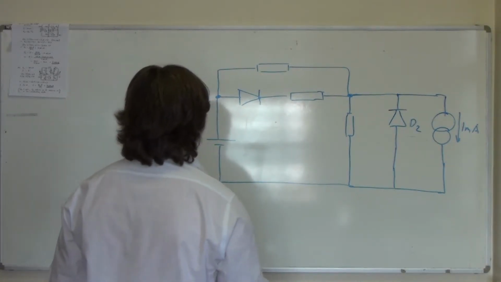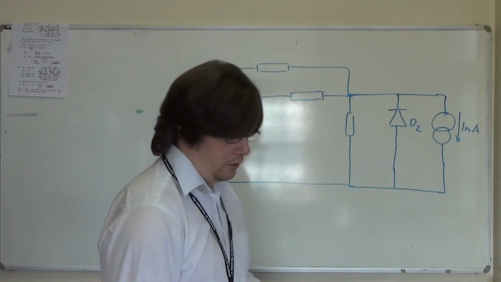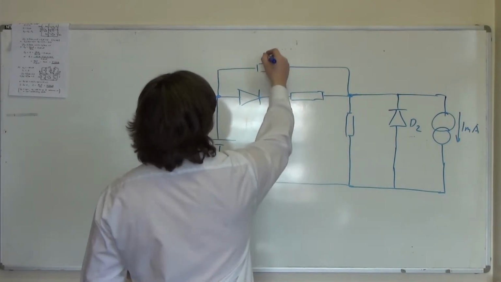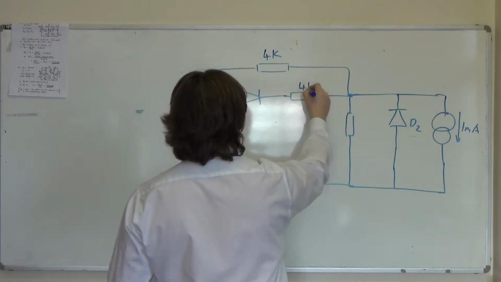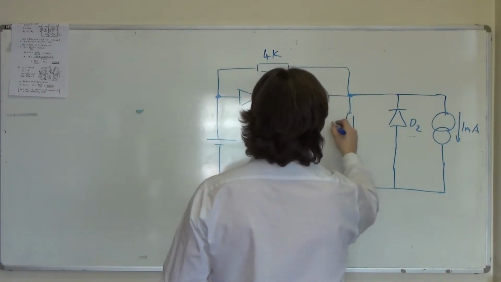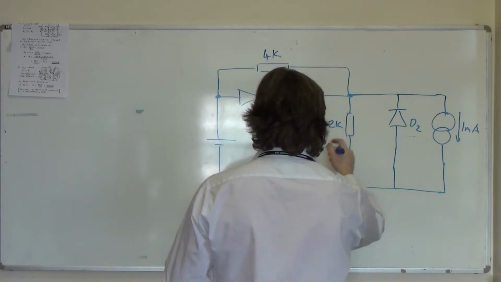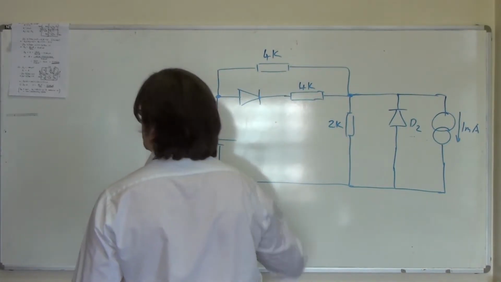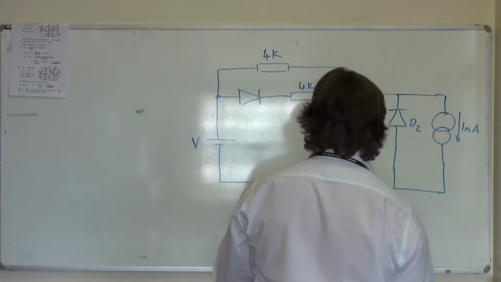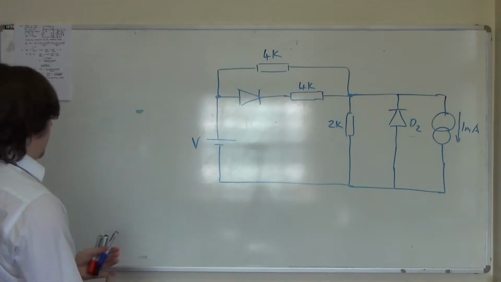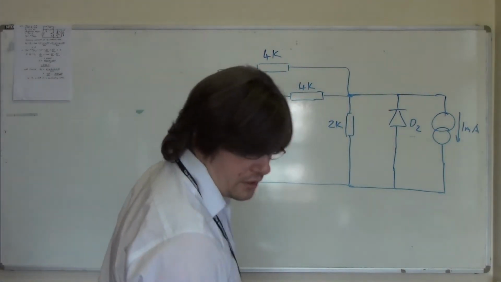Doesn't need much room to write equations. And the values are 4K, 4K, 2K. This is the unknown voltage V, and that is everything.